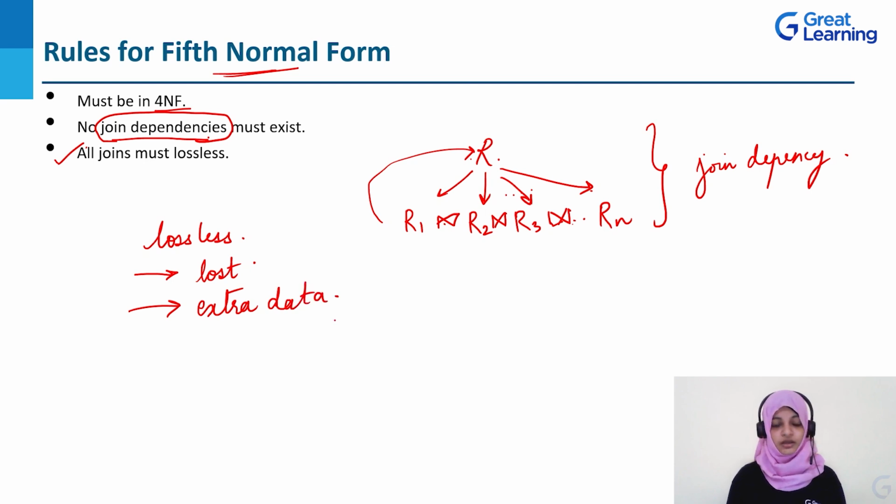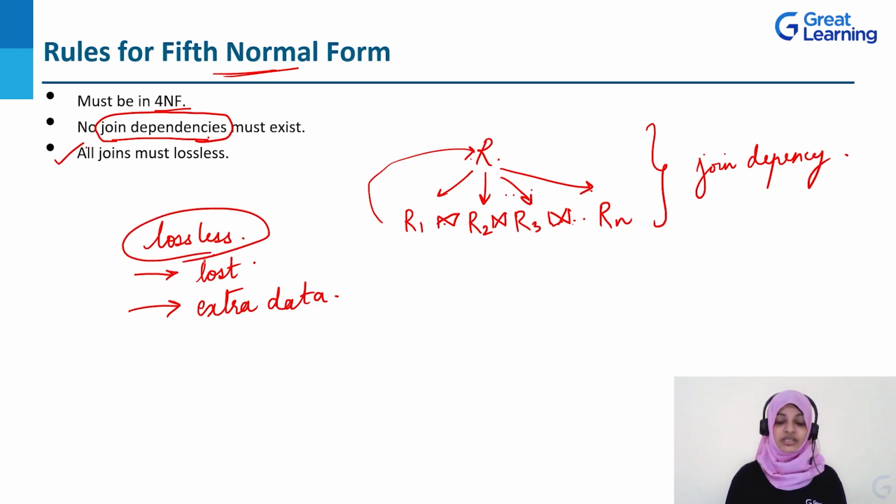What does this mean? It means that if in a particular join, there is extra data being generated which was not part of the original relation, then that particular join is also called lossful. So what does lossless actually mean?